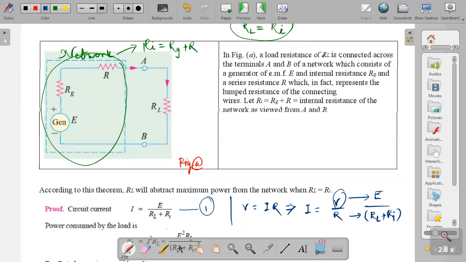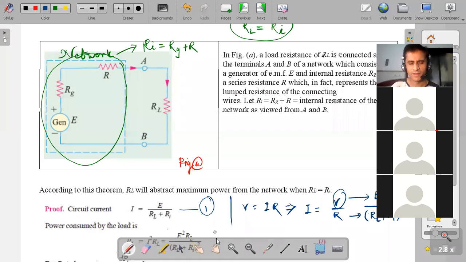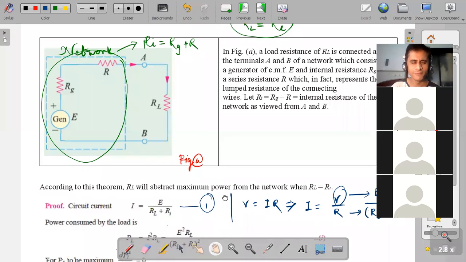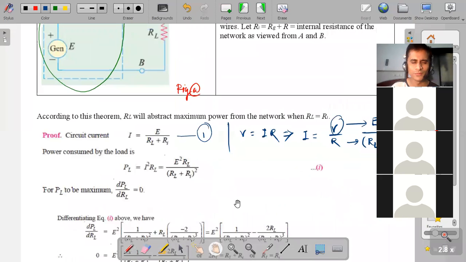Yes, see. Based on Ohm's law, we can find equation 1, that is I equal to E upon RL plus Ri. RL is your load resistance, Ri is your internal resistance. Now our aim is to find the power consumed by the load resistance.